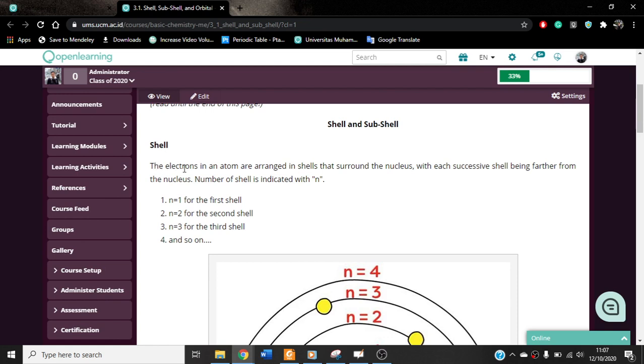Shells. The electrons in an atom are arranged in shells that surround the nucleus, with each successive shell being further from the nucleus.